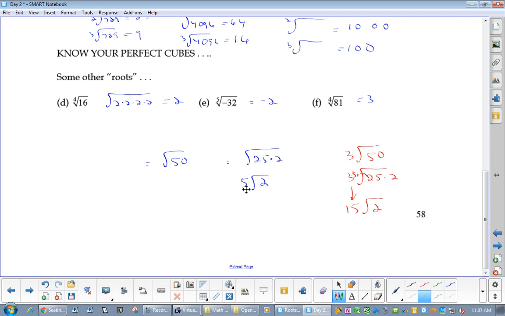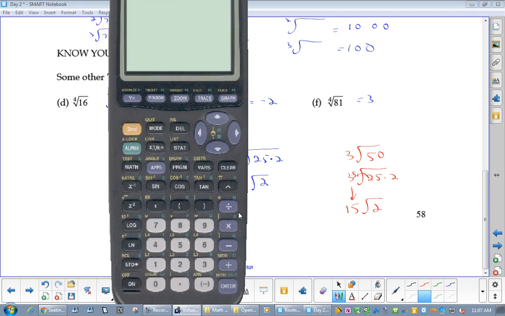Now your calculator knows that. So you can go 15, because this is how you can always check your answers. 15 square root 2 is 21.21. Or you can go 15 times square root of 2.